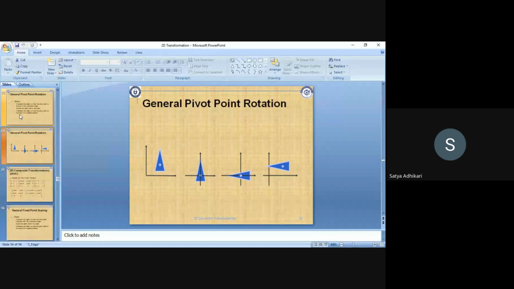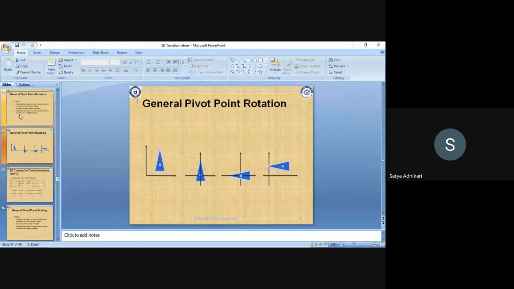The third image is rotated, but this is not our desired output, because we want to rotate the object with respect to the pivot point. But the pivot point has changed. The pivot point should be fixed after rotation.